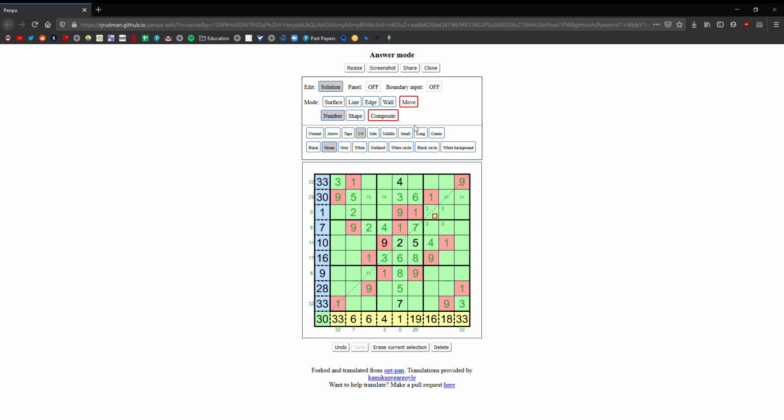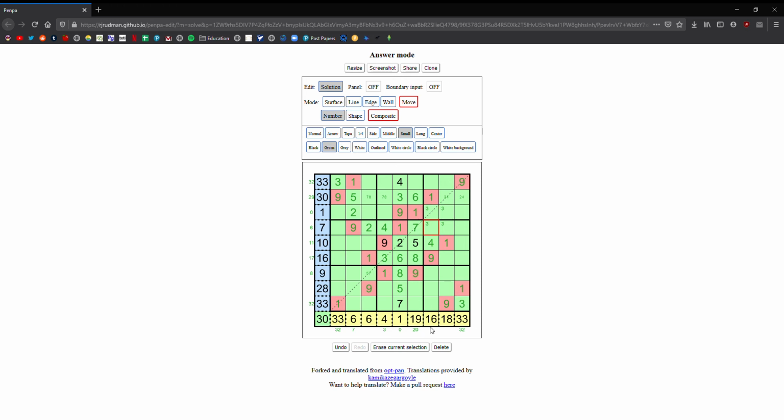And what's really important here is this 16 column. Let's think. Because a 3 can't go here, or here, or here, or here, we have to have a 3 in one of these two boxes.